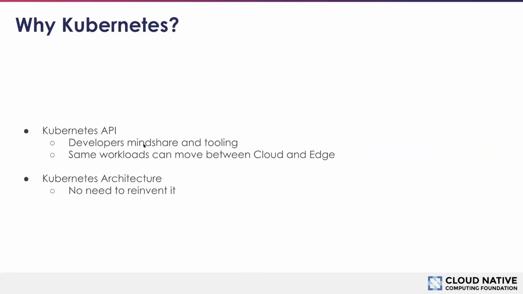Again, another why. I think it's important to ask a lot of whys when you talk about things like this, and this is: why would you want to use Kubernetes for all this? So we see that cloud native computing is where the developers are today, and all the tooling and all the best practices are being developed for that.